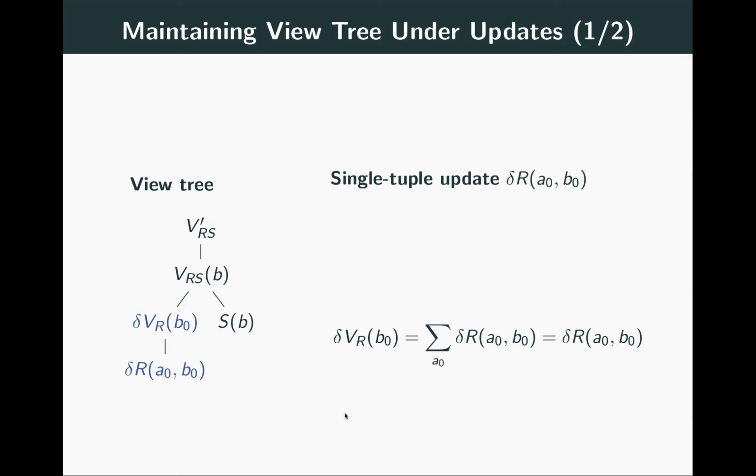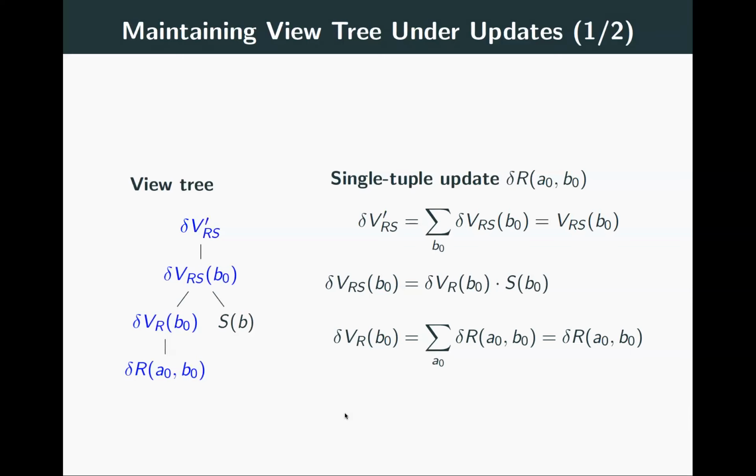And what do I do now? Now I want to propagate this further. So for this B0, I do a lookup in S to find out whether S also has B0. If it doesn't have B0, I will stop here. If it has B0, then I will fetch its multiplicity, and I will have B0 here with that updated multiplicity. So I compute in fact this delta for my view here, with B0, and at the end I can also basically take away B0 and map the empty tuple to the multiplicity of that previous tuple from here.